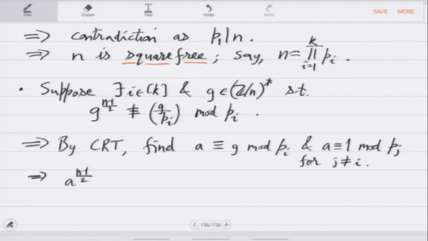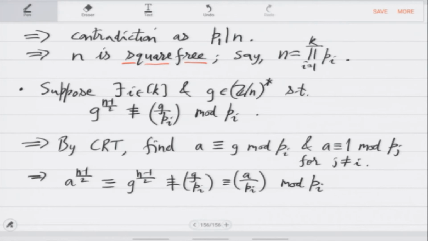Mod Pi, this is G raised to n minus 1 by 2, which is not G over Pi. So A raised to n minus 1 by 2 is also not A over Pi, mod Pi.